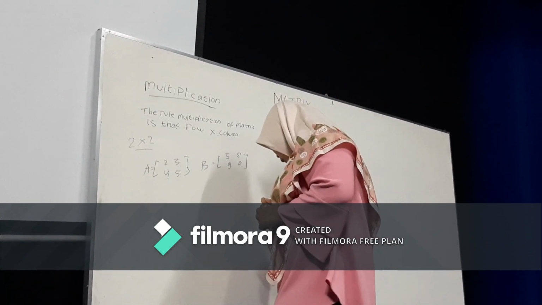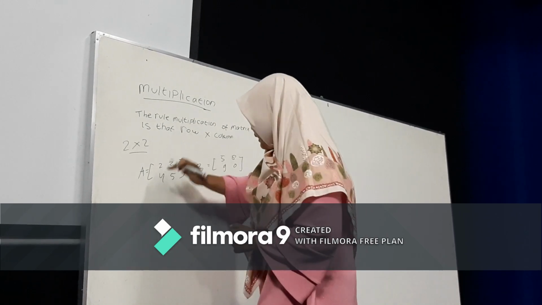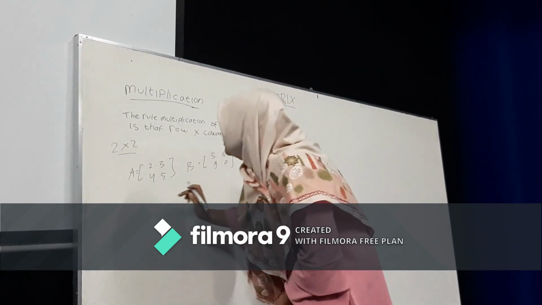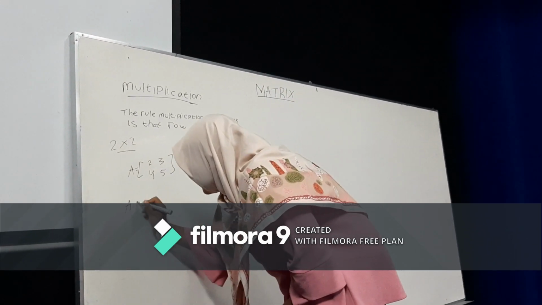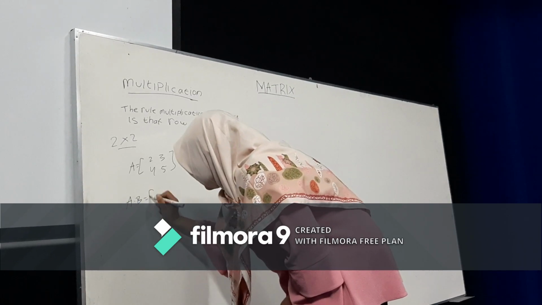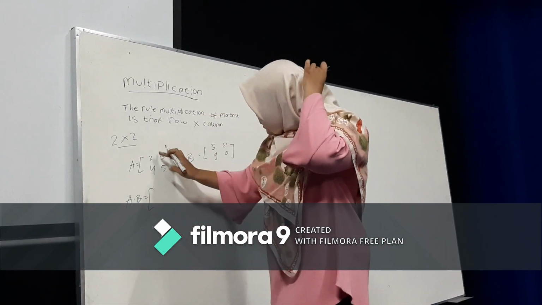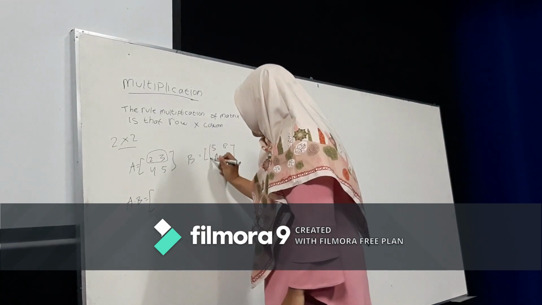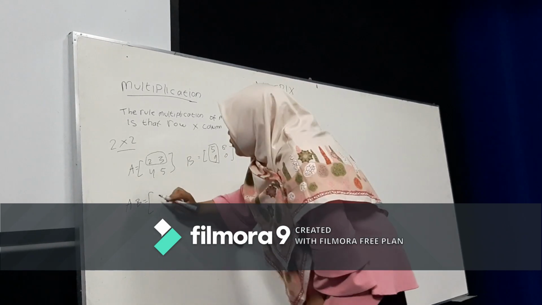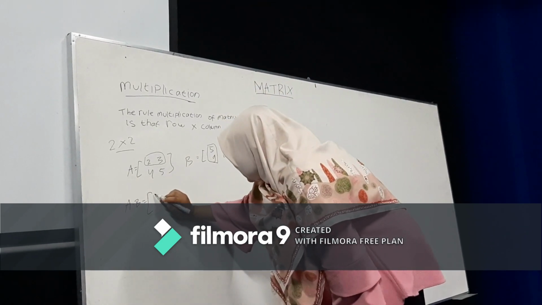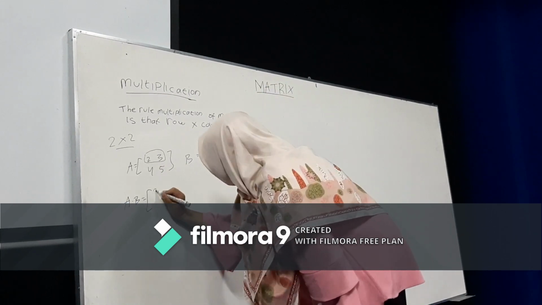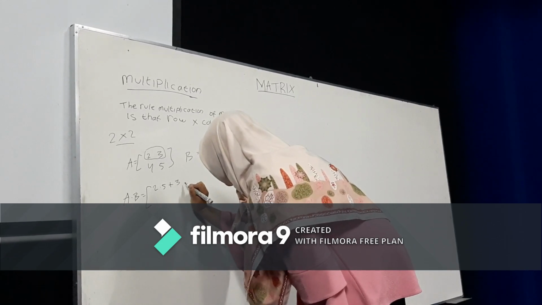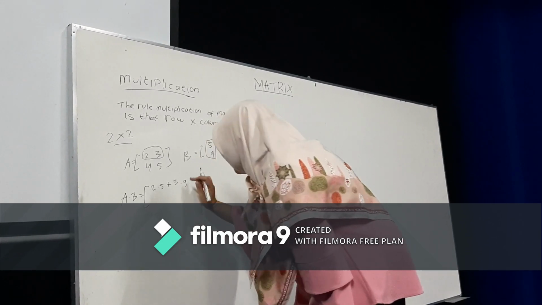Okay, so now I am asked to multiply matrix A by matrix B. What you do is, A B is equal to first row times first column. For first row, first column, it is 2 times 5 plus 3 times 9.